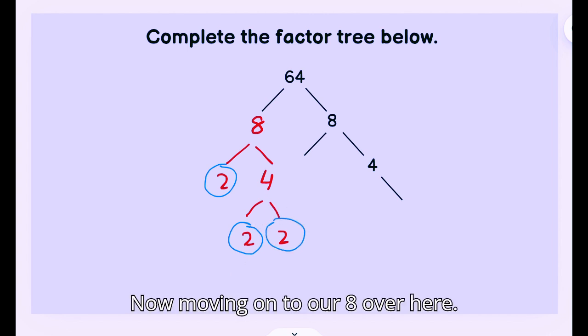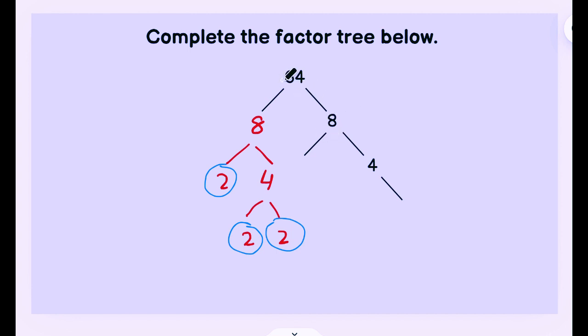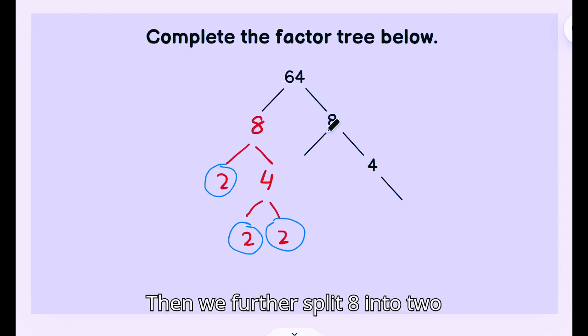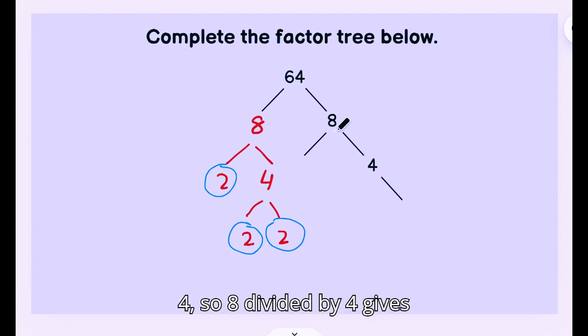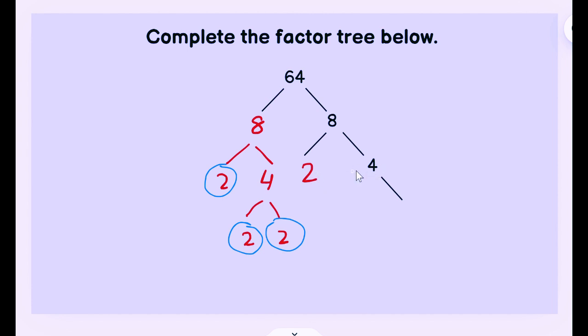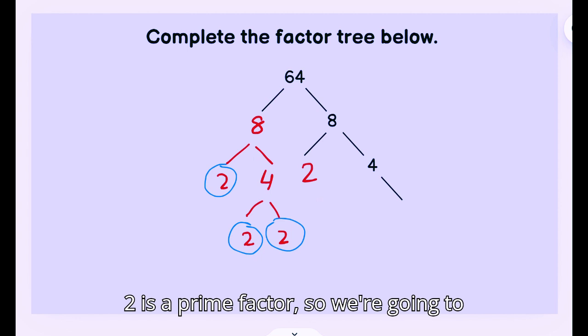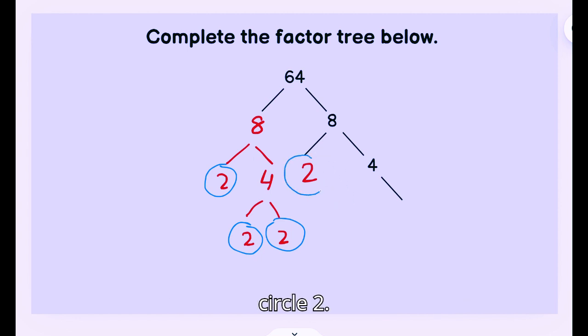Now moving on to our 8 over here. Then you further split 8 into two different factors. One of the factors is 4, so 8 divided by 4 gives us 2, or 2 times 4 gives us 8. And 2 is a prime factor, so we're going to circle 2.